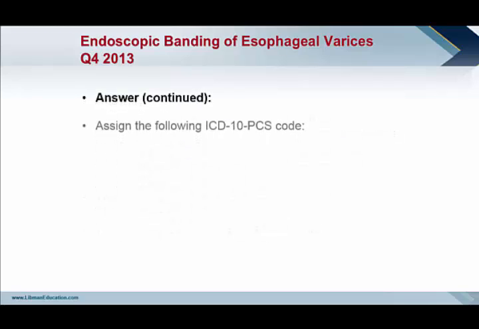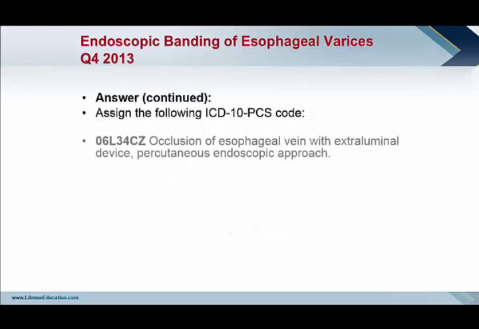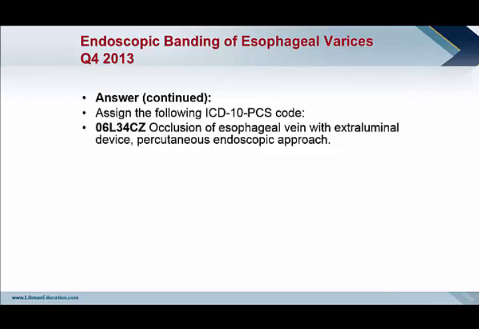Assign the following ICD-10 PCS code. 06L34CZ. 0 is the med-surg section, 6 is the lower vein, L is occlusion, 3 is the esophageal vein, 4 is the approach, percutaneous endoscopic, C tells us the device, the bands, and Z tells us that there's no qualifier.